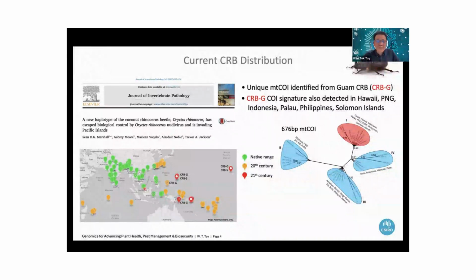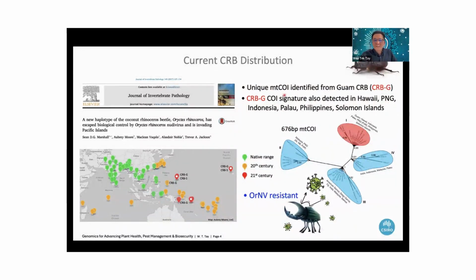It was first discovered in Malaysia in the 1960s, and it was found to be very effective against the invasive population in the Pacific in the 1970s. It successfully suppressed the population such that coconut palms were able to grow and thrive. However, in the population discovered in Guam, the virus was found to be ineffective. So it appears that perhaps the Guam population has developed resistance.